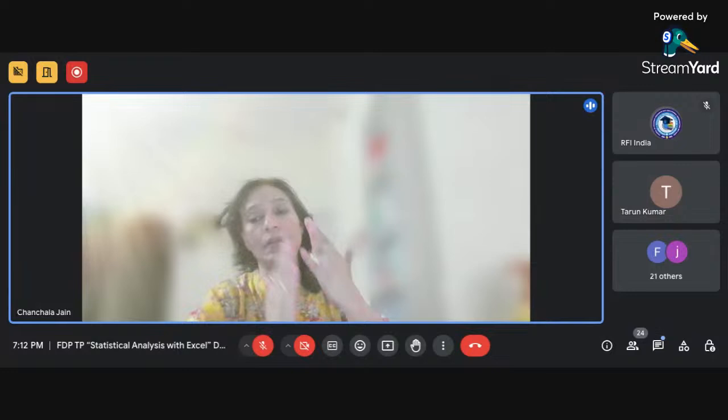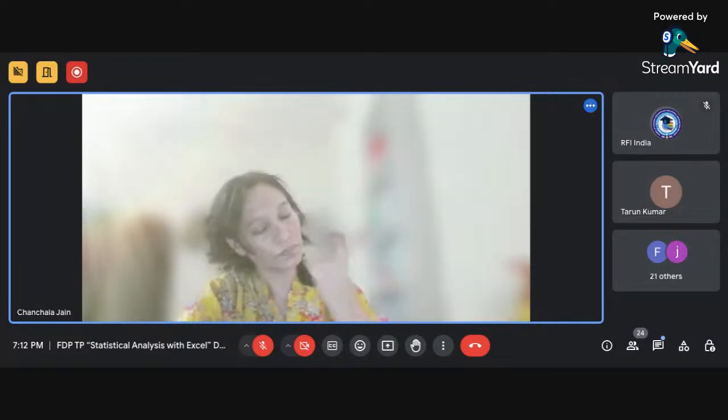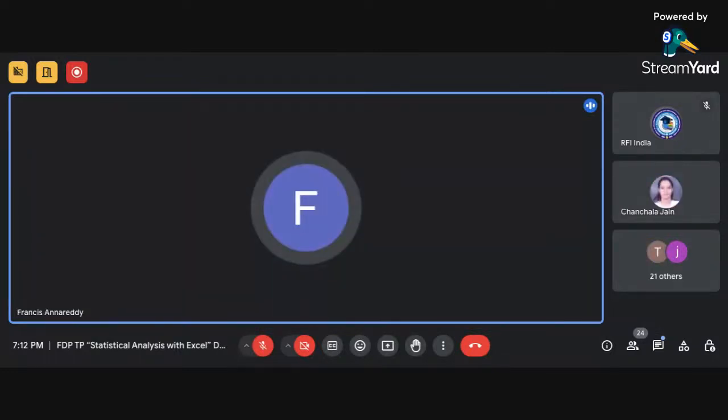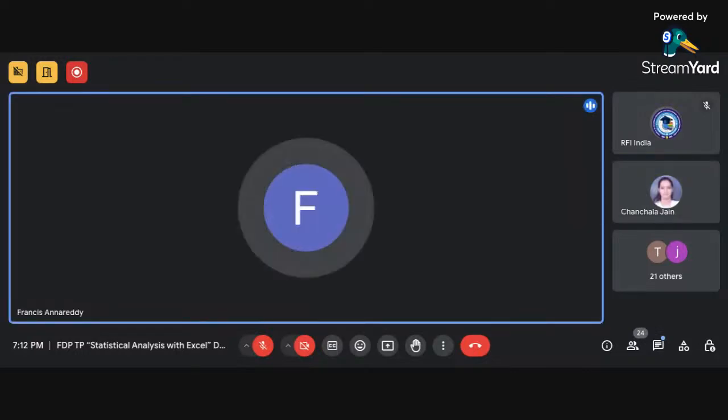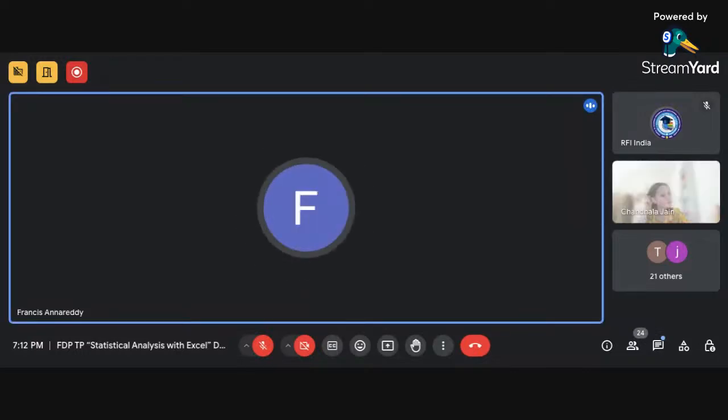See, in this case, what Tarun sir is saying, see the relation between number of cases and the masks sold. When we do a scatter plot, like madam was saying, if we can see that there is some kind of a straight line we could fit, then we could go with the linear.